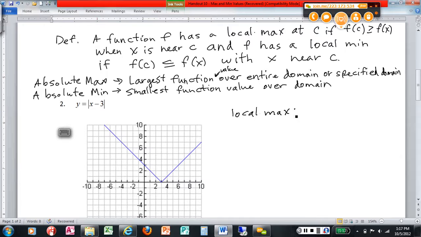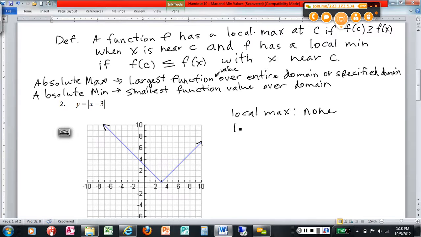What are the local maximums here? Since it's graphed off the graph here, this goes up and that goes up. Is there a local max there? I don't think so. There's no peaks. Sometimes that's all you have to look for, but yeah, there's not any.